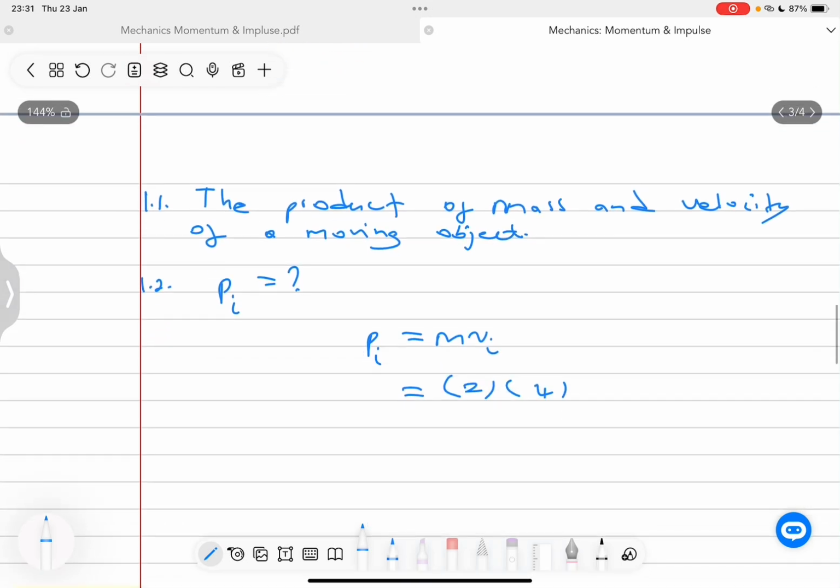And it's going to the right, it's a positive direction. So this means I'm going to be left with an answer of 8 kilogram meters per second, which is going to be positive. And when it's positive, it means that it goes to the right, because anything that goes to the right should be positive.